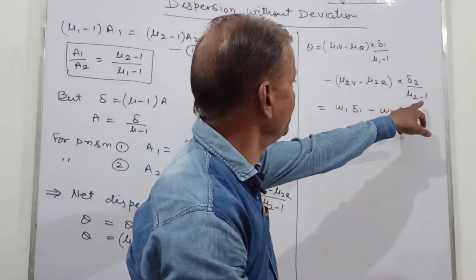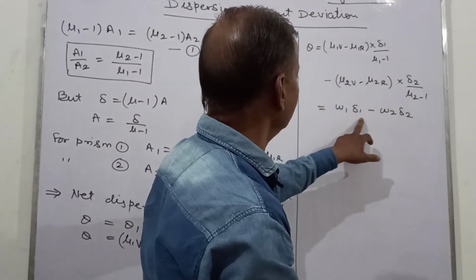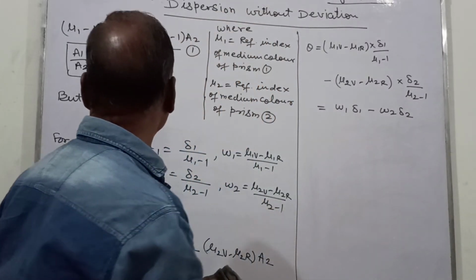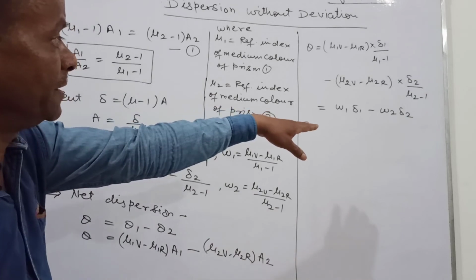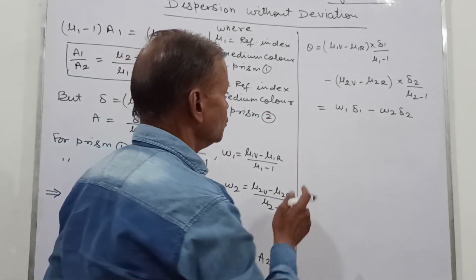Now this term is omega 2, this term is omega 1, and we know that there is no deviation, so the angle of deviation delta 1 is equal to delta 2.